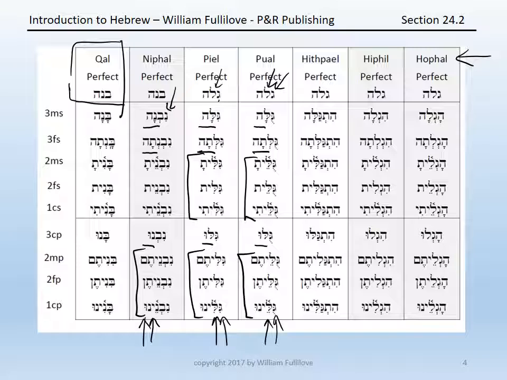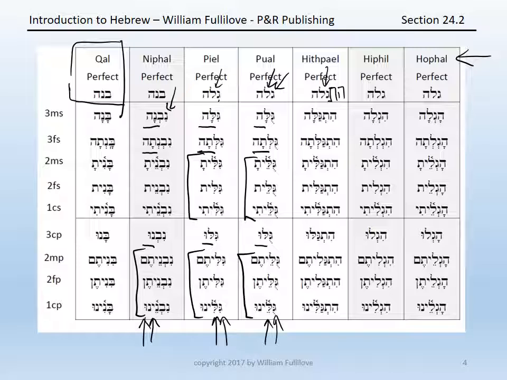The Hitpael shows the same behavior in the perfect. The tip-offs, doubled second root letter, and hit prefix. So hitgala, hitgalata, hitgalita, hitgalit, hitgaliti, hitgalu, hitgalitem, hitgaliten, hitgalinu.